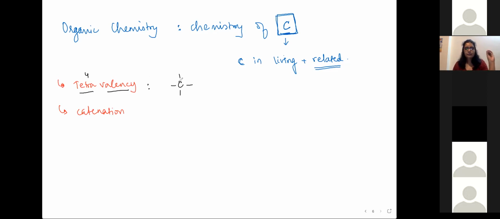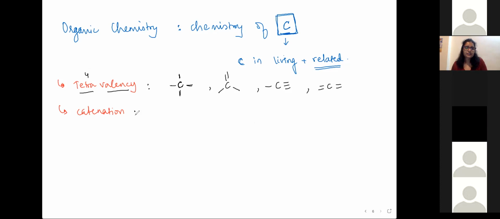Carbon forms 4 covalent bonds and it is the right size, so it forms them in different ways. It can form 4 individual single bonds, or a double bond plus 2 single bonds, or a triple bond plus a single bond, or 2 double bonds. Whatever permutations and combinations you can find with 4 bonds, carbon forms all of them. So it's very flexible.